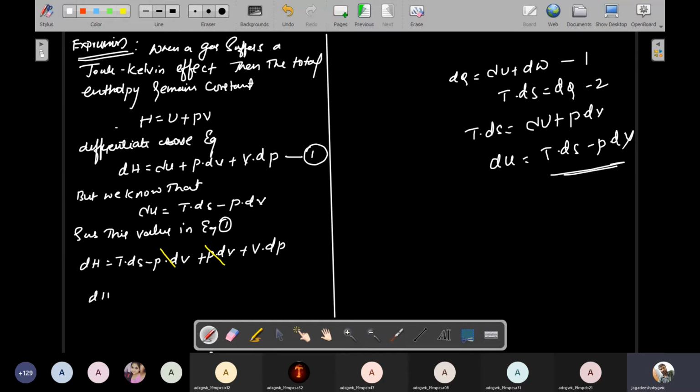So finally we get dH is equal to T dot dS plus V dot dP. So this is equation 2.